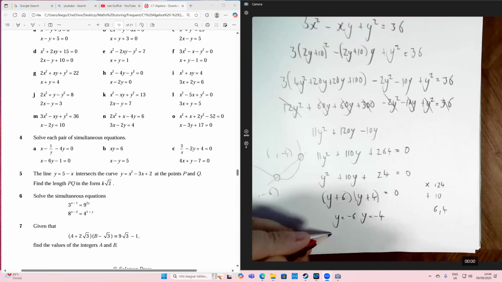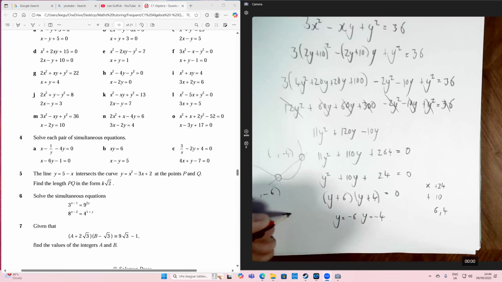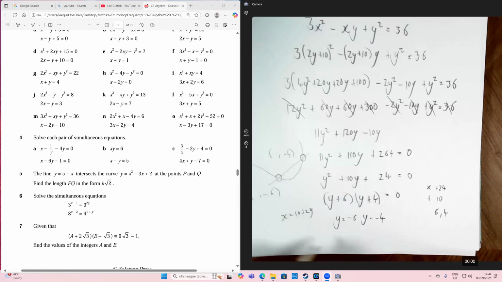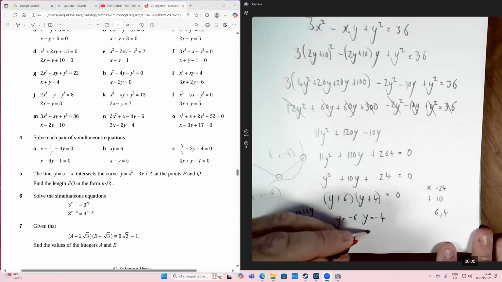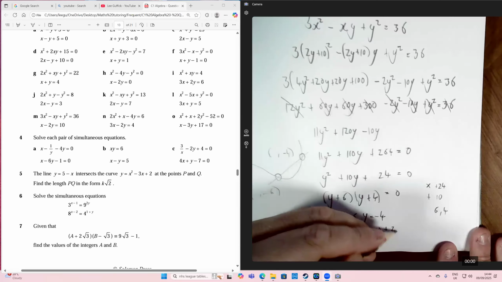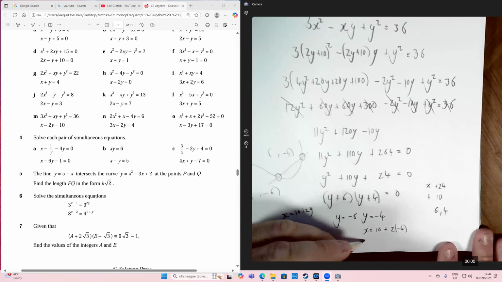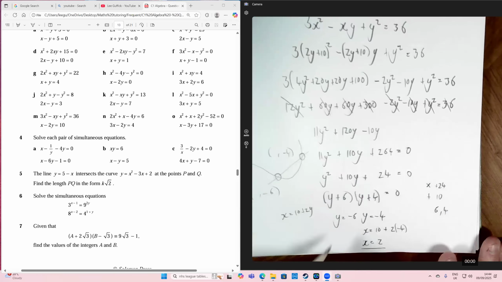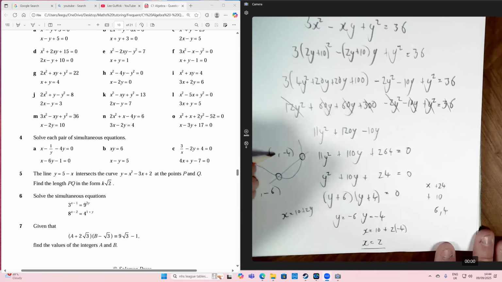So if we go back to our equation, x is equal to 10 plus 2y, and we can now sub in the -6 and the -4. So x is equal to 10 plus 2 times -4, which is 10 take away 8, so that's 2. So when y is -4, x is 2.